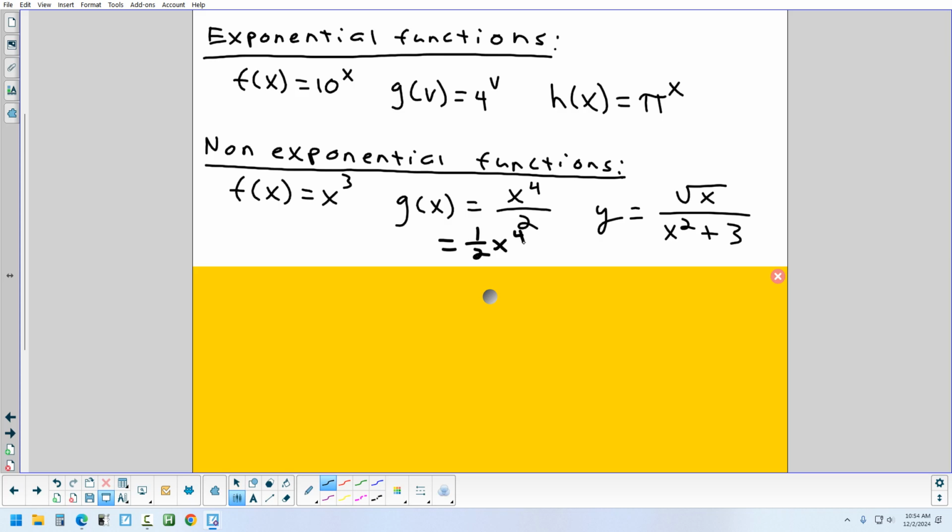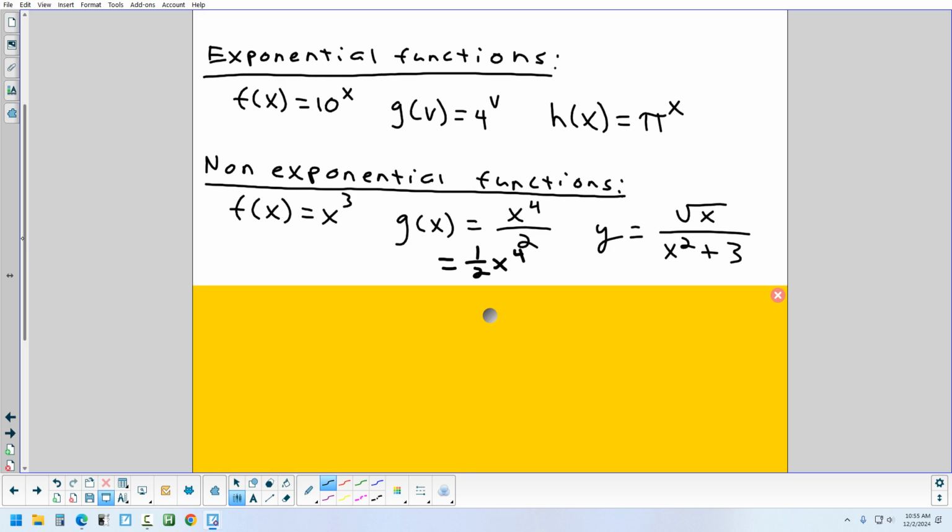It's rational, because it's a fraction. So it's kind of a mixture of a fraction and radical, because there's a root in it. So whatever you call the third one, it's definitely not exponential. All right, so any questions on why the top three are exponential and the bottom three are not?